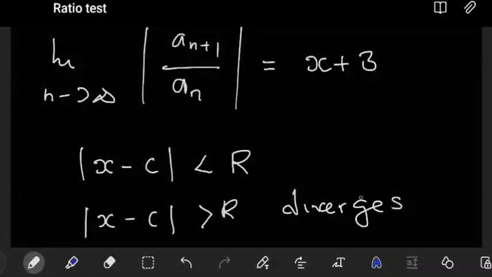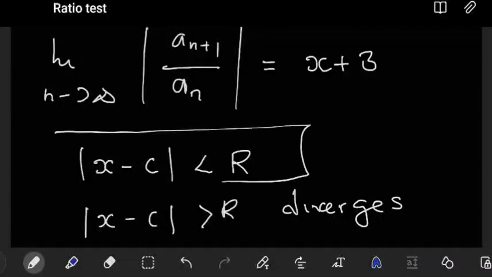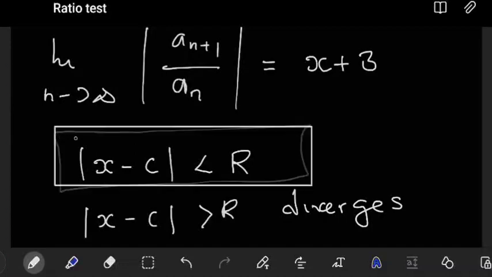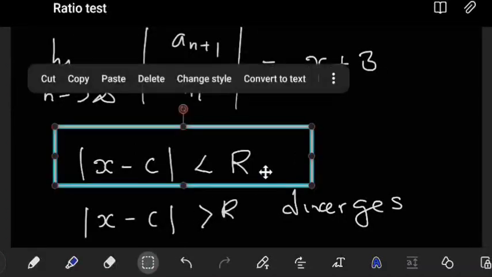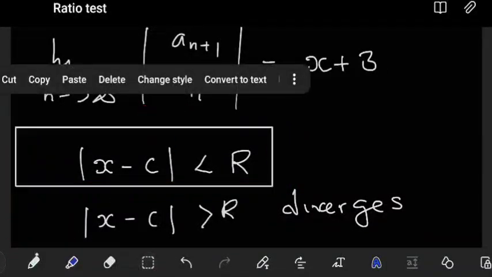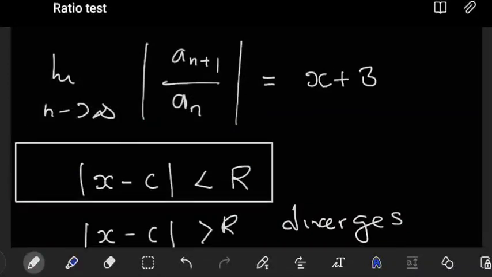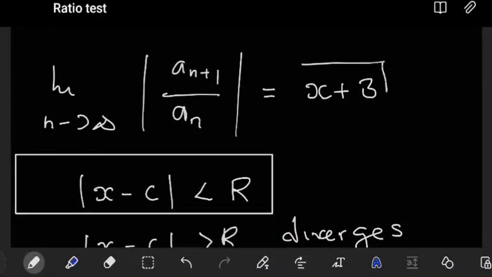Now in this case, what we're looking for is this statement. Notice that this statement here actually does play along with our definition of the ratio test, because from our ratio test, the modulus of the limit that we have found here has to be less than 1 for the series to converge.